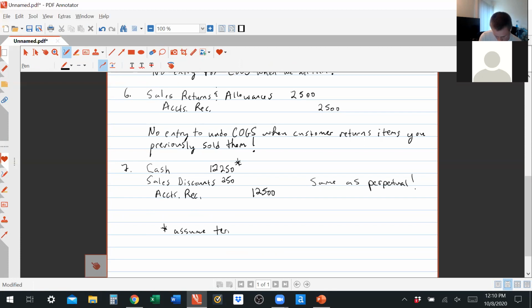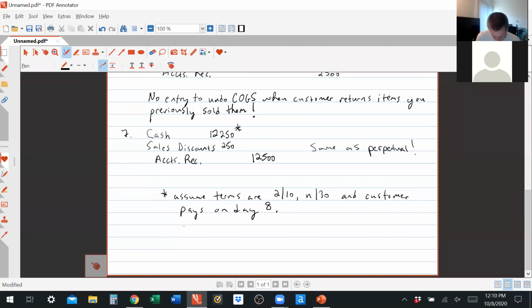Assumed terms are 2/10, n/30 and the customer pays within the discount period. So the customer pays on day, let's say 8. That's within the discount period, right? Then you have to take the 15,000 is what they owe.